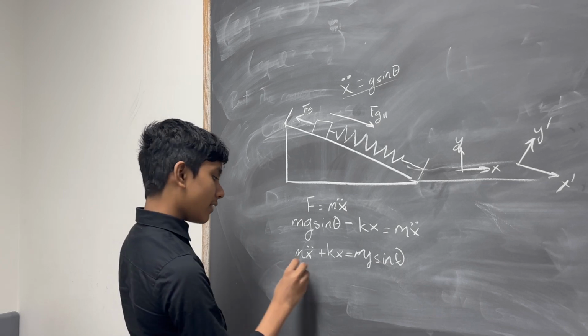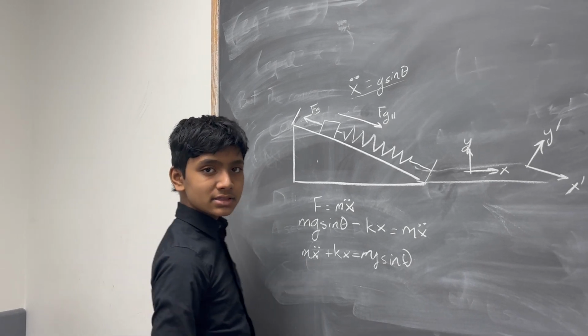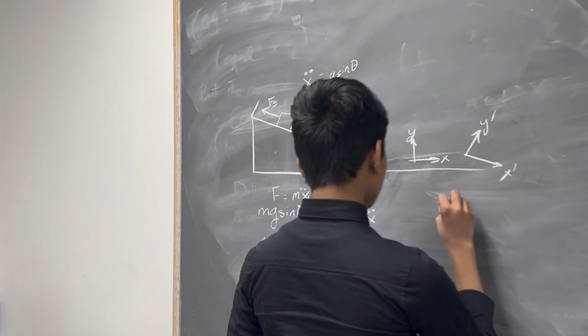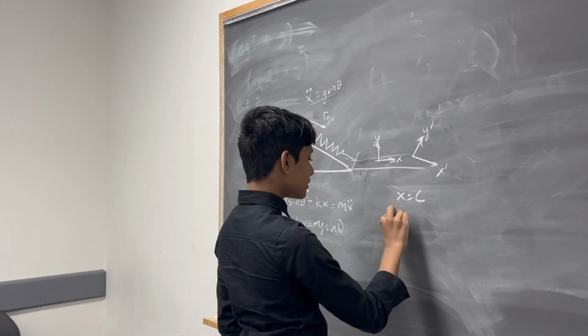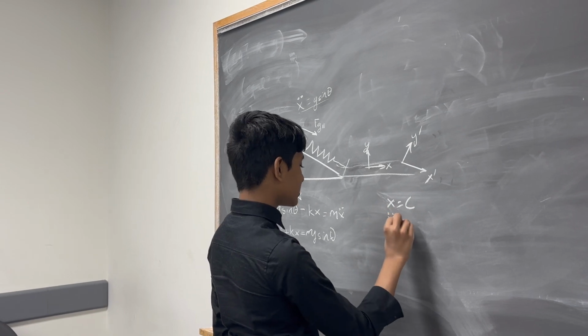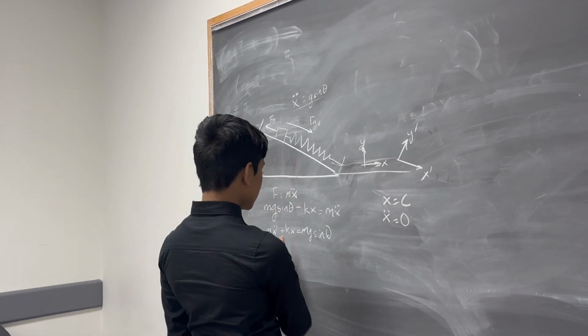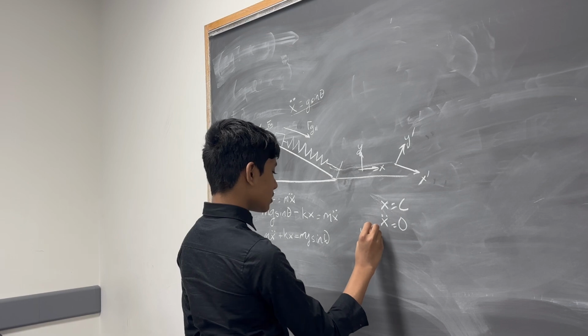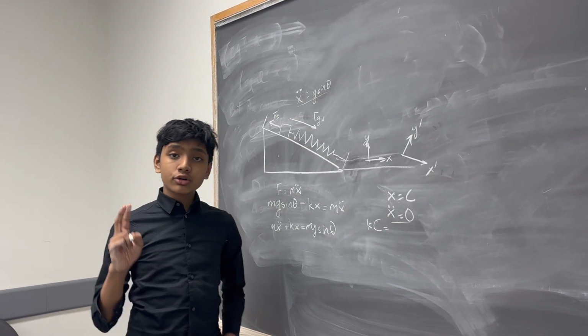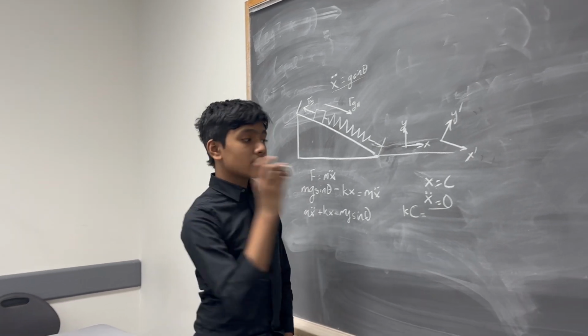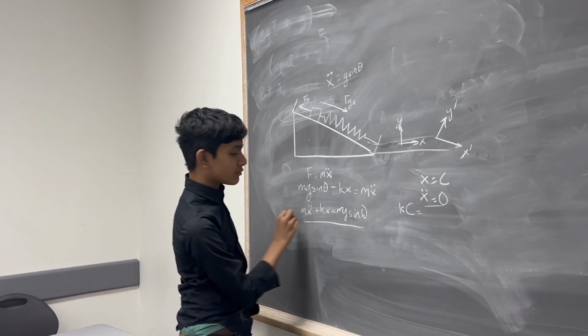So how do we solve this? There's a particular solution, which is just letting x be a constant, which means the second time derivative is going to be 0, so the acceleration is 0. There are two solutions to this differential equation.